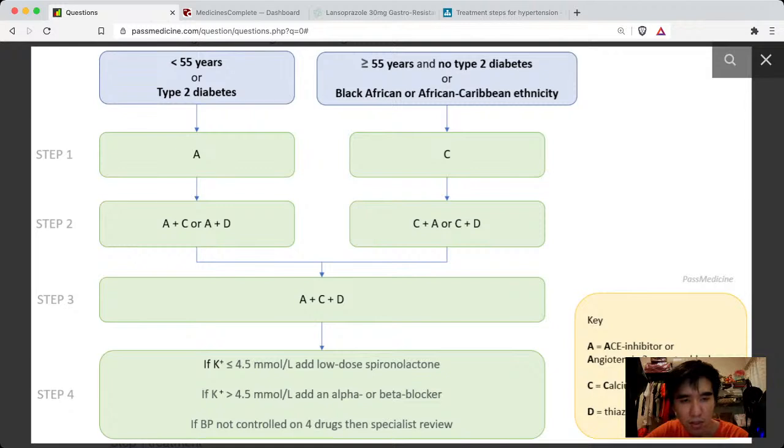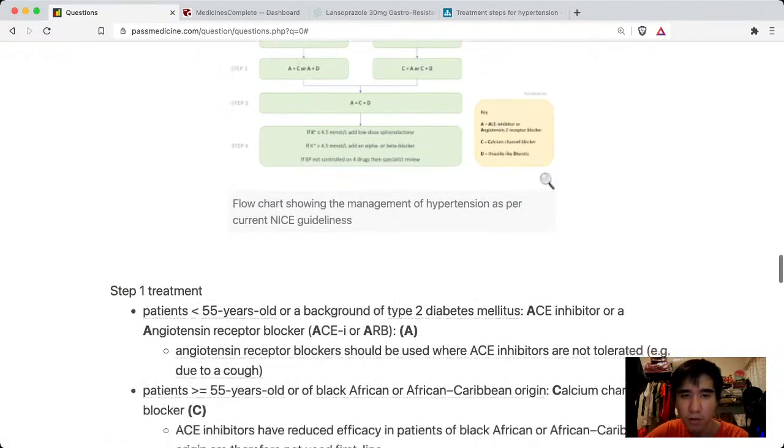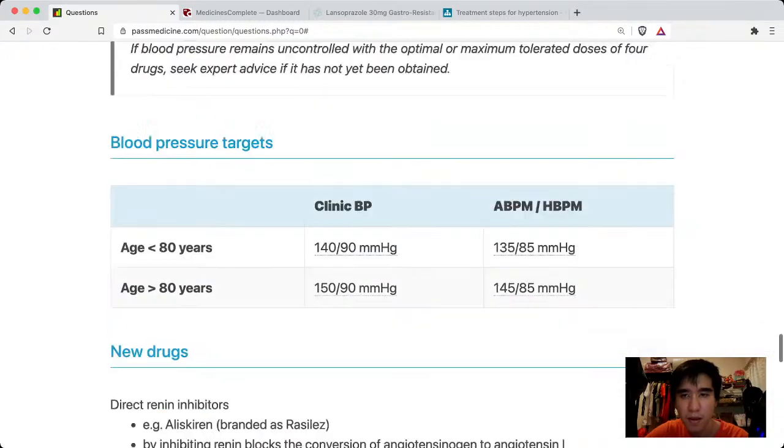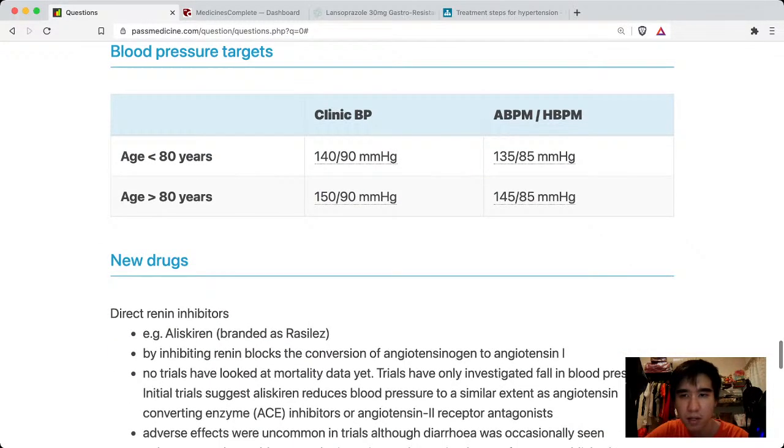And step 4 depends on potassium levels. If it's low, add spironolactone. If it's high, alpha or beta blocker. If they have asthma, beta blocker is contraindicated. If not controlled on 4 drugs, specialist review. Okay, targets.